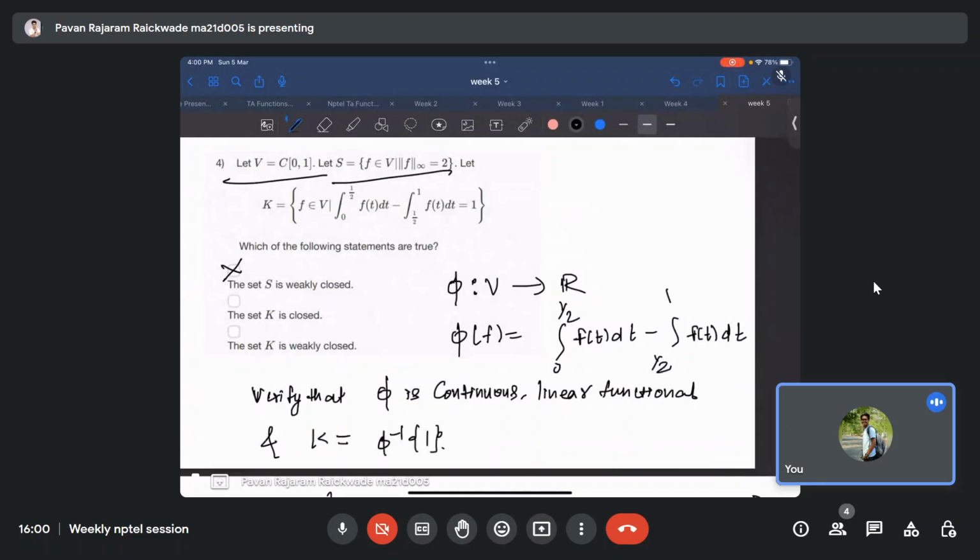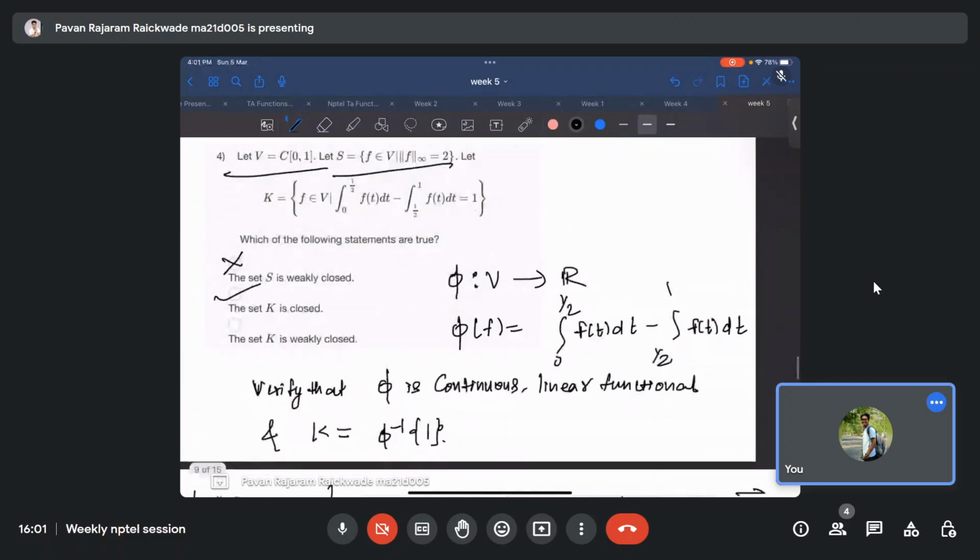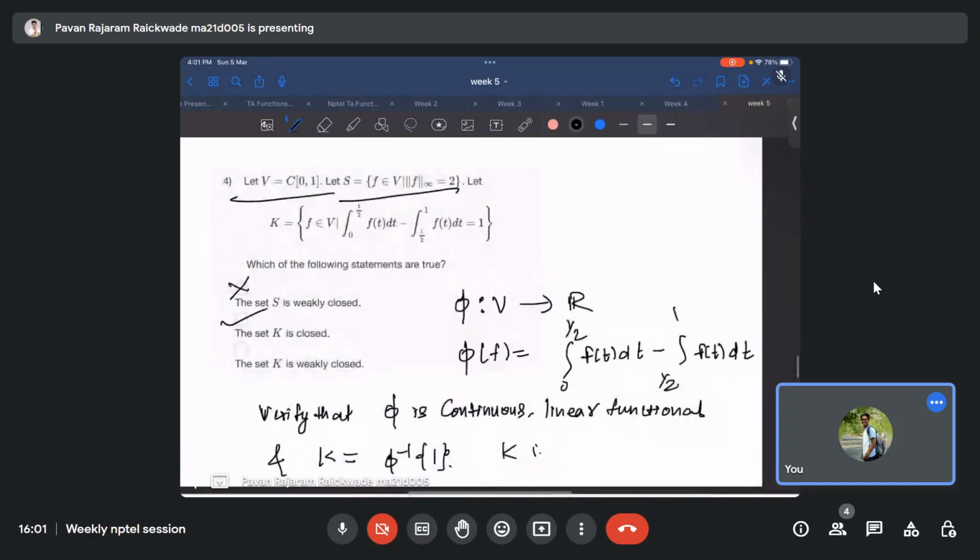Hence, since the singleton 1 is closed, K is also closed. And here K is convex also. And from the lemma we have seen just now, every convex and norm closed set is weakly closed. That means the set K is weakly closed.